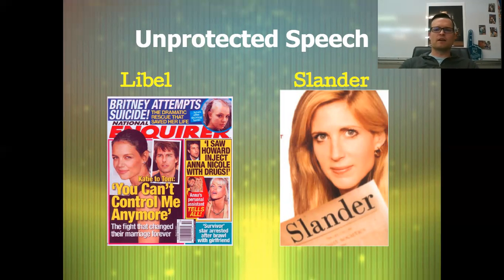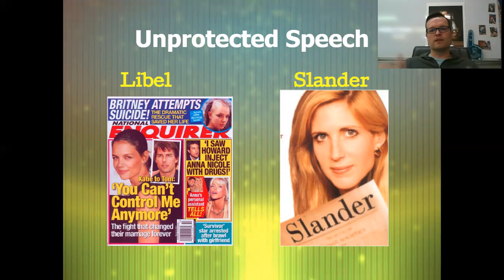The National Enquirer, this is the question I get from students all the time. How can the National Enquirer print these things, like the Katie Holmes, Tom Cruise example, that's a pretty old one, or Britney Spears stuff, or whoever, I guess today, Kim Kardashian, that her real dad is OJ.